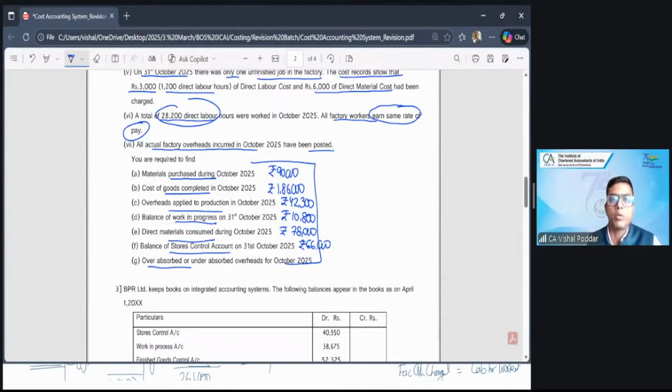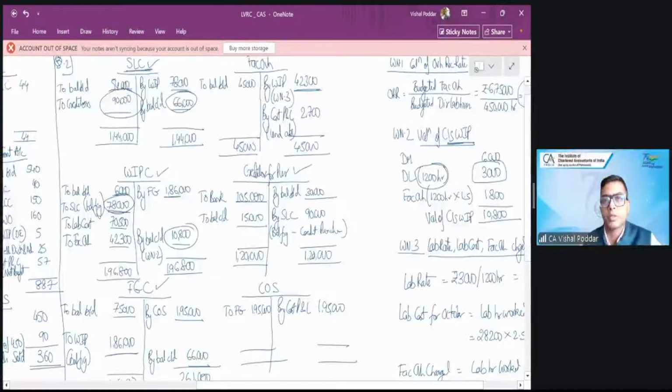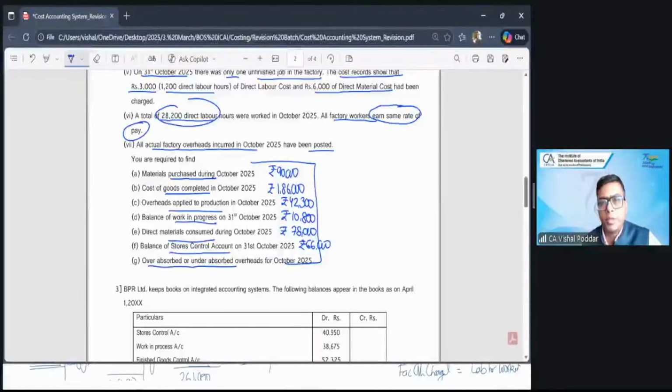And the amount of under or over absorbed overheads, the last one which we found out is this. Students, this is how we have computed our entire single entry type of question and found out the different missing values. So see, these are some different type of sums that you may have to cater to.